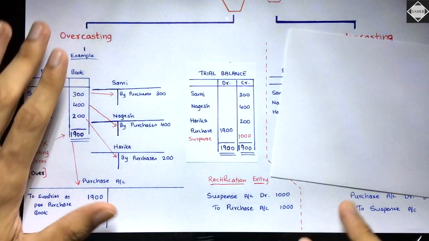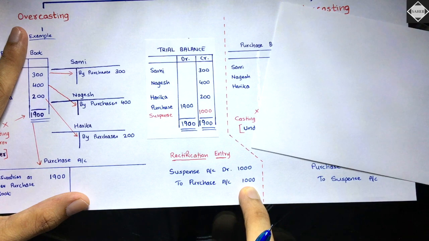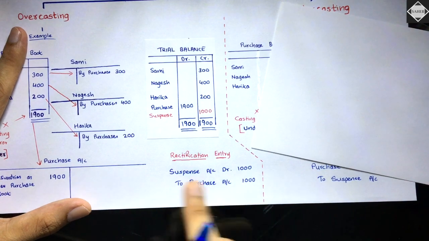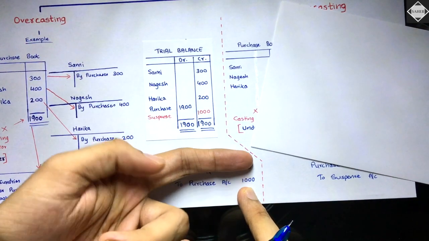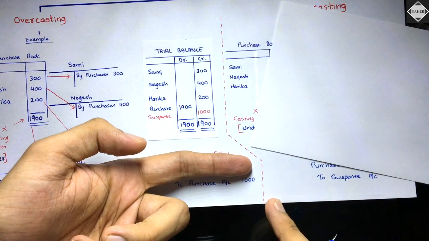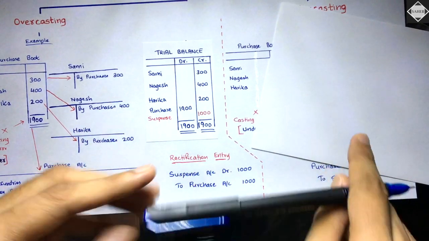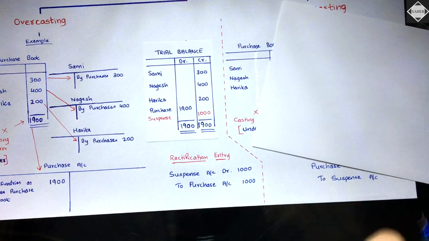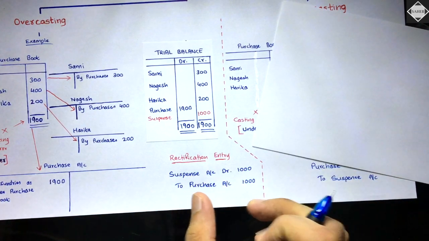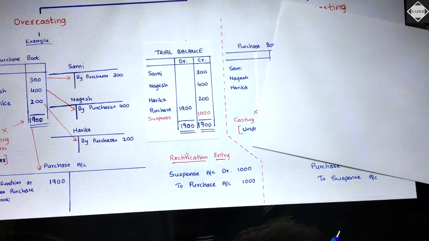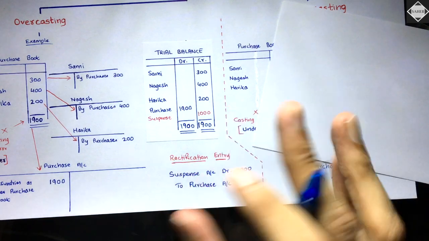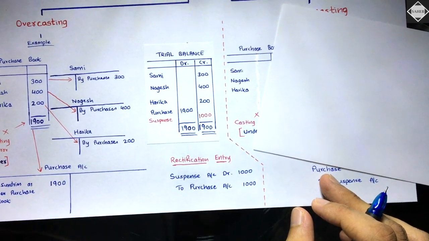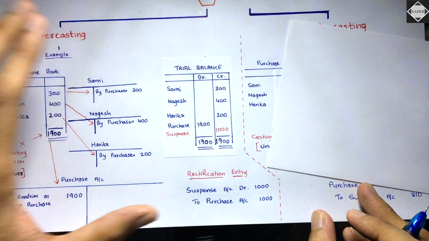So to purchase account 1000. But now you cannot have a one-sided entry, so you will fill the gap and complete the entry with the suspense account. Is that clear? So this was the example of overcasting.